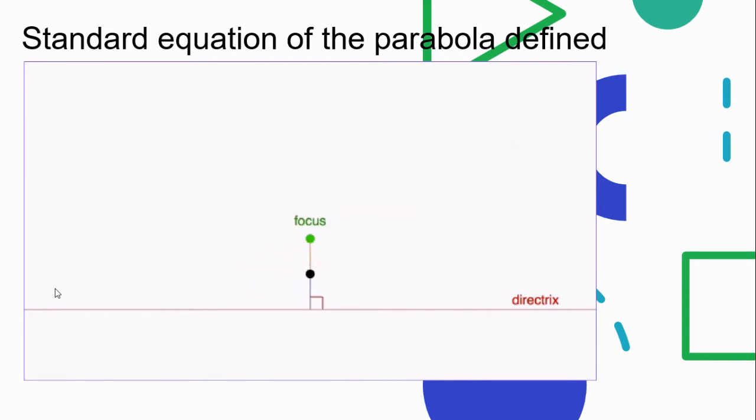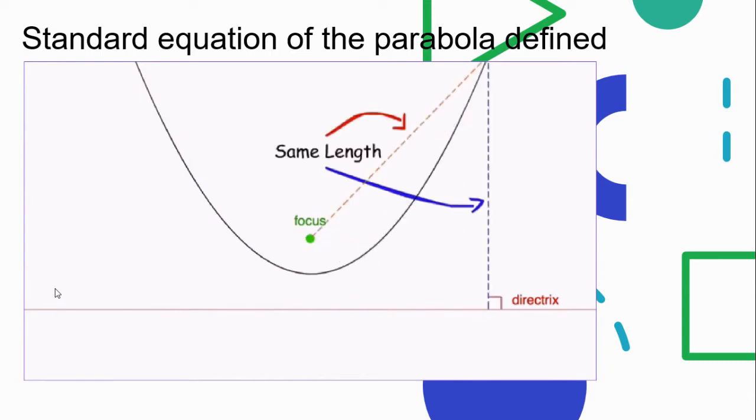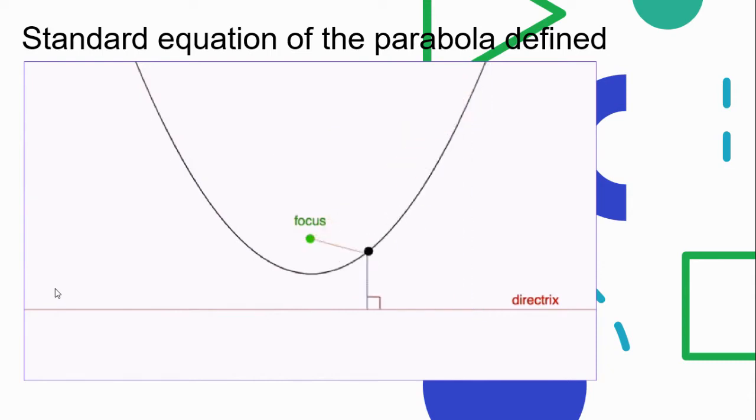Okay, so we will generate now a parabola using the vertex. So assuming that the dark one is any point, no, in the parabola. So any point in the parabola is the same lang ang length niya gikan sa focus o gikan sa directrix.